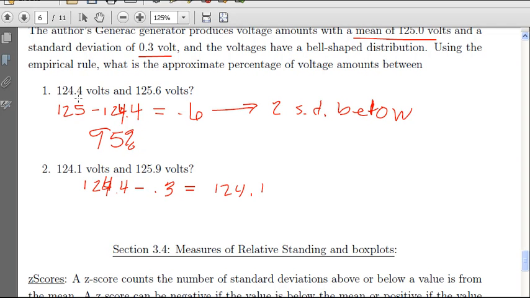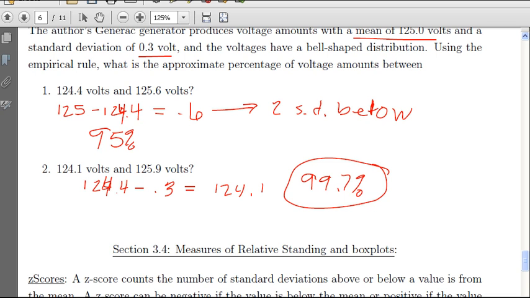Here I was at 2 standard deviations, and I subtracted another 1, so 3 standard deviations below the mean. And here, 3 standard deviations above the mean: 0.9 above the mean of 125. That's 3 standard deviations because the standard deviation is 0.3. So the answer here is 99.7%.